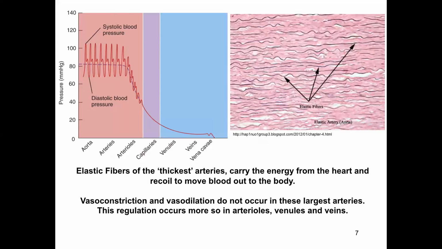These expand and contract and move with the contraction and the relaxation of the heart. So they actually carry the energy from the heart and push the blood forward in that way, okay? So vasoconstriction, vasodilation doesn't tend to happen in these largest arteries. It occurs much more so in the muscular arteries, the arterioles, venules, and the veins, all right?